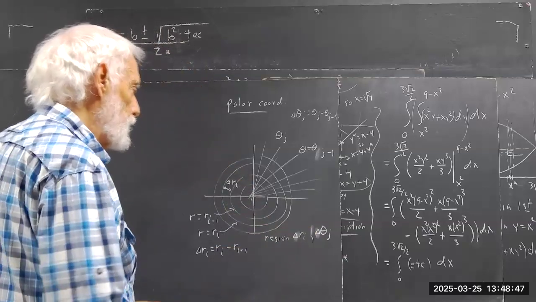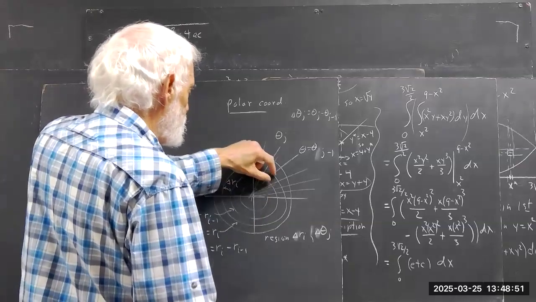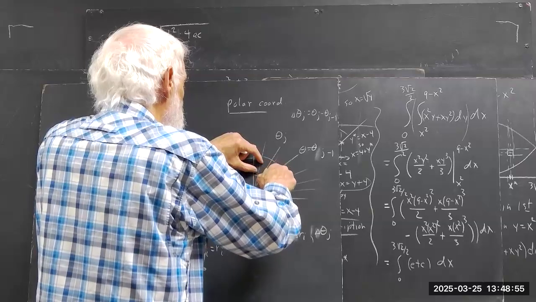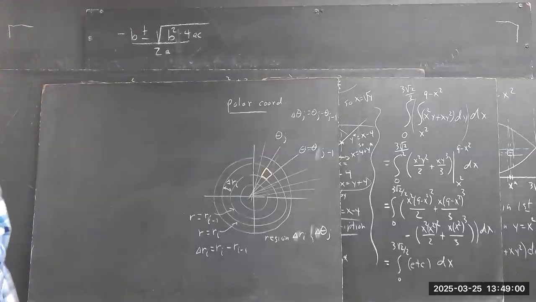delta R sub i and delta theta sub j. Well, that's going to be this region right here.